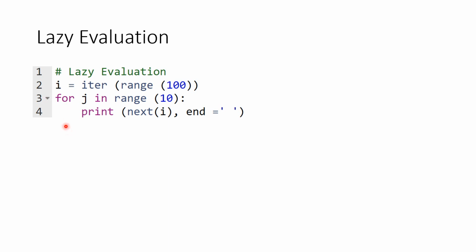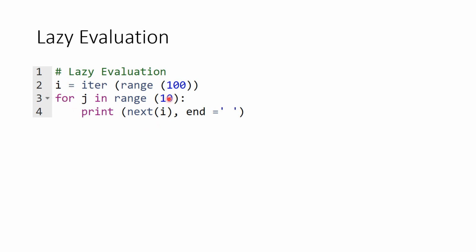As we iterate through it, I use one more for loop just for my convenience. I know that I'm going to access only 10 elements, so I'm accessing only 0 to 9 values. I use it inside the print statement, and my j is going to be the iterable for this range. Don't get confused, my intention is to show the range of values accessed through the iterable object i.